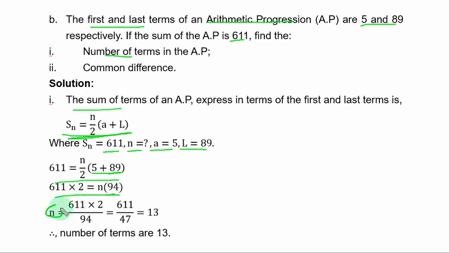So n is equal to 611 times 2 divided by 94. That simplifies to 611 over 47, and that is 13. Therefore, the number of terms in that AP is 13.